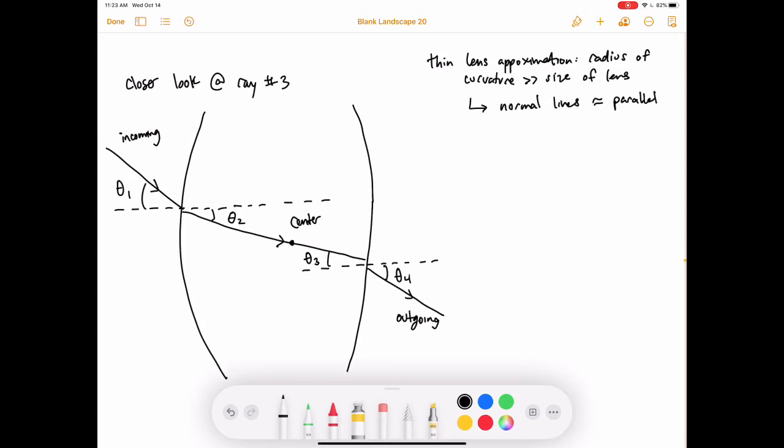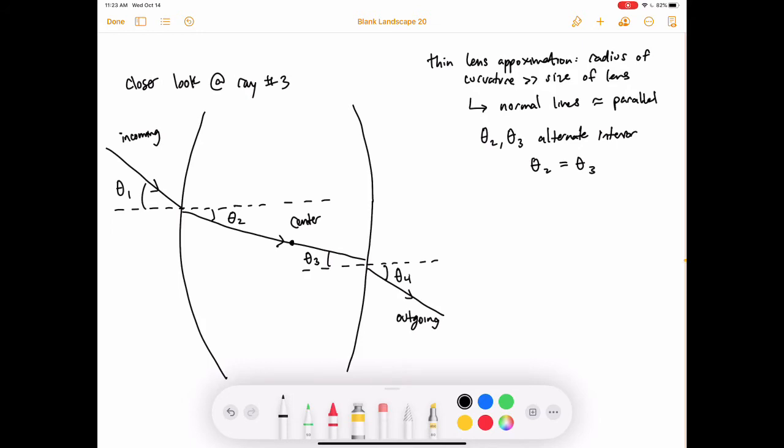It's not exactly true, but again, as long as these two lens surfaces have a very, very large radius of curvature, then the two normal lines I drew here and here will basically be parallel to one another. So, in other words, we can treat theta 2 and theta 3 on the diagram as alternate interior angles, which means they're the same. Theta 2 is equal to theta 3.